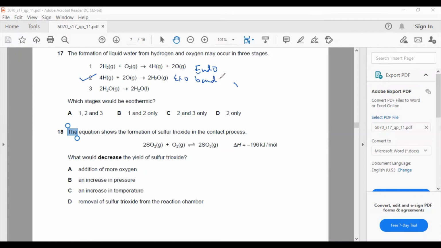The first one is endo because of bond breaking. The third is also exothermic because gas goes to liquid. Condensation releases energy, because gas has more energy and can move freely, but liquid cannot move so freely. So liquid has less energy. So 2 and 3 is correct.